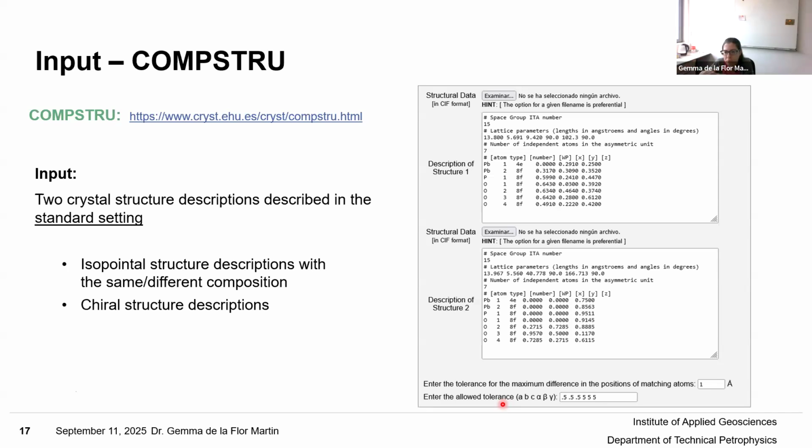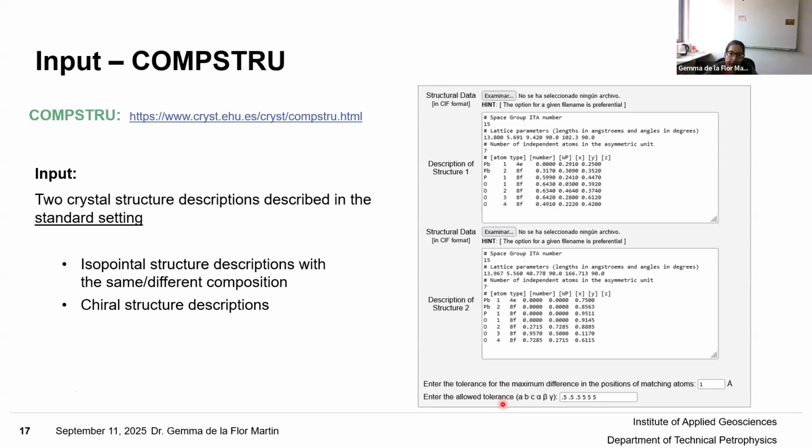So if your structures are not described in a standard setting, we also have some tools in the server that can help you to transform your structures from a non-standard setting to a standard one, such as tools, for example, ACCESSTRU, TRANSTRU, or CIF to standard.